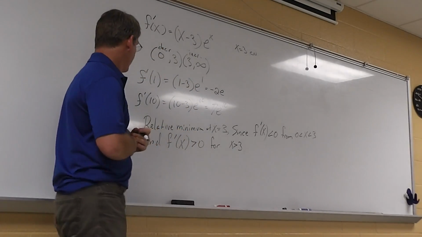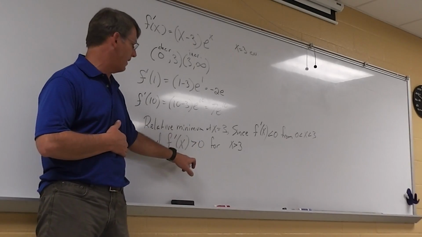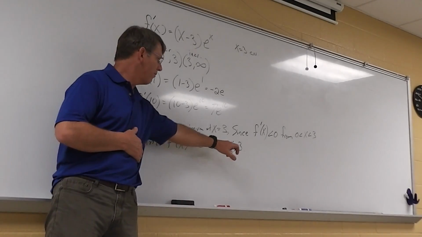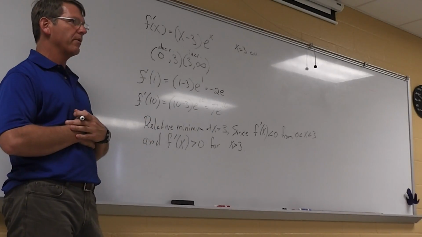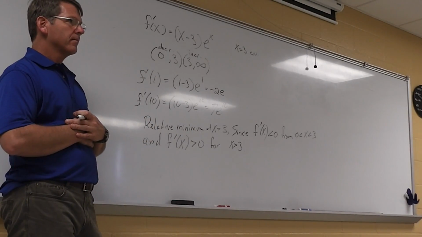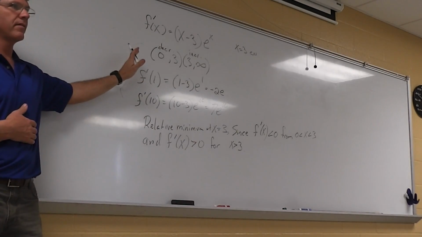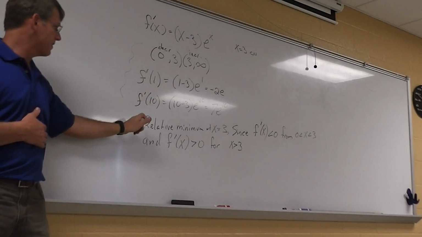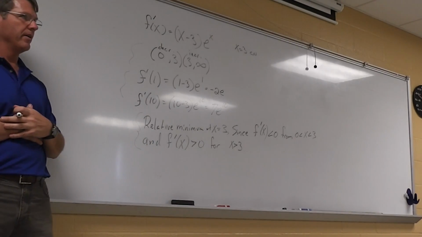And f prime of x, or the derivative for every single x, is greater than 0 for all x bigger than 3. That's your global argument. That's your justification, the way we want to phrase it. This is work you did to convince yourself. This is the justification that we need to earn our AP points.